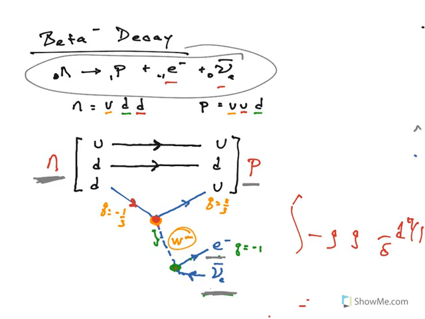All you have to do is know, okay, here's a set of rules. If you see a vertex, write down this little term. If you see a mediating particle in between, you write down this term, depending on which particle it is. If you see a forward-facing arrow, then this momentum term is going to be positive. If you have a backward-facing arrow, then it's going to be a negative momentum.